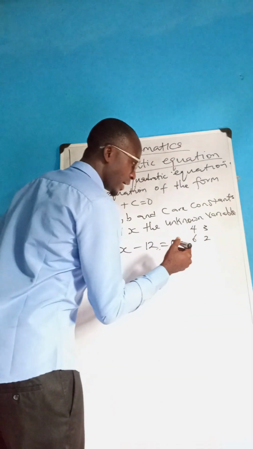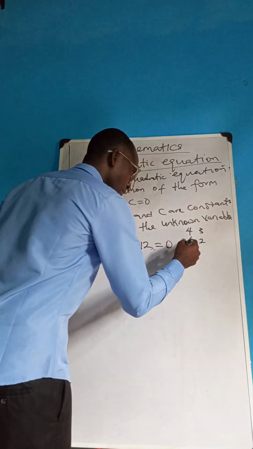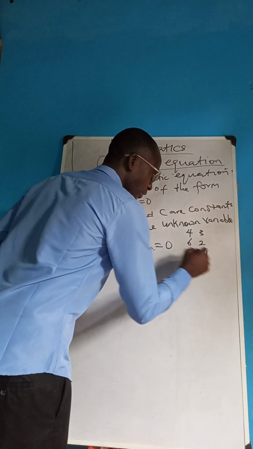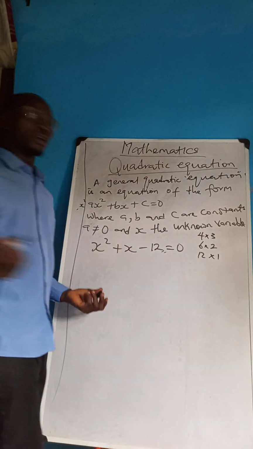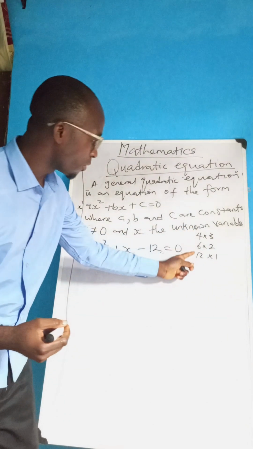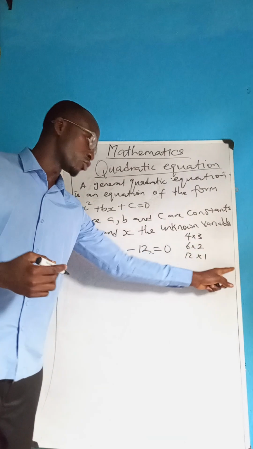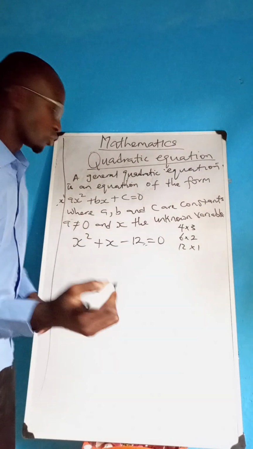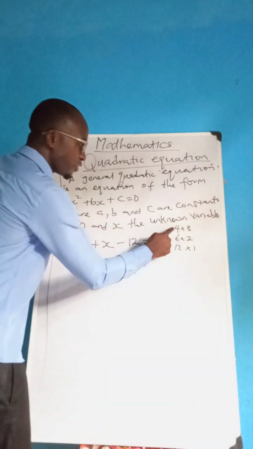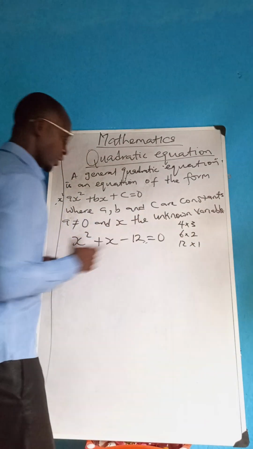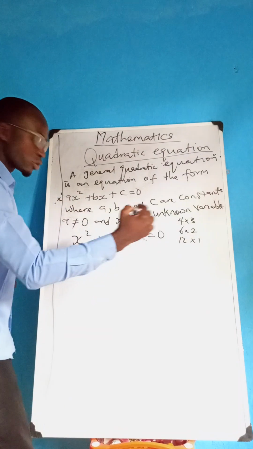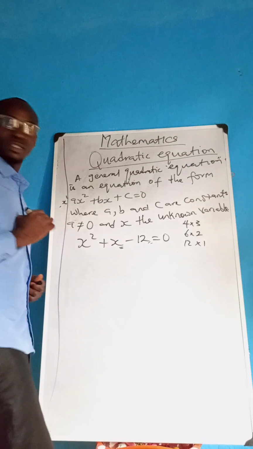We can multiply 12 times 1, yes, to give us 12. Now look at these three numbers. 4 times 3 is 12. 6 times 2 is 12. 12 times 1 is 12.